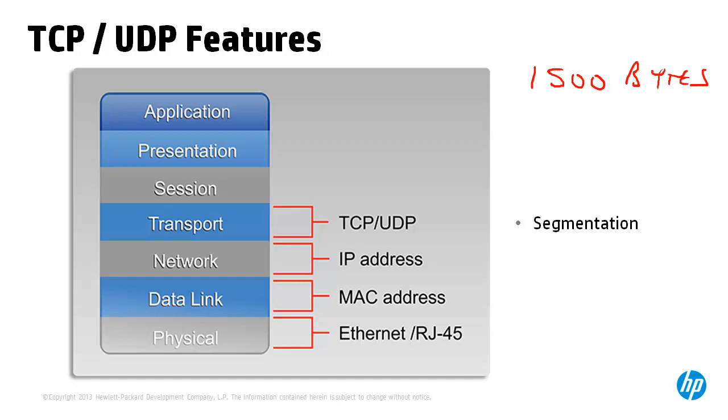However, TCP, as an example, can theoretically support 65,495 bytes in a single packet. That's far greater than the physical media can support. So that packet needs to be broken up into smaller chunks or segments for transmission.